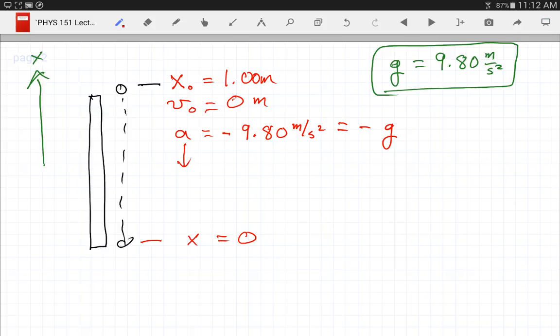Now, reading through the textbook for today's class, you probably noted that g is not the same everywhere on Earth. g ranges between about 9.78 meters per second squared up to 9.83 meters per second squared, depending on where you are on Earth. The things that affect that are, number one, how close you are to the center of the Earth.